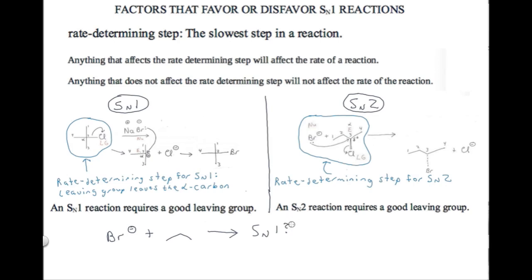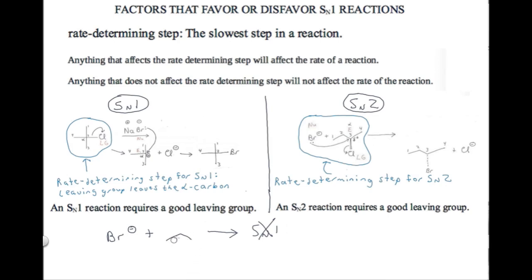I hope it was clear that no, these cannot carry out an SN1, but can you articulate why? What's the best way to use our terminology to articulate why these starting materials are not adequate for an SN1? Well, I hope you said it's because this substrate does not have a good leaving group.